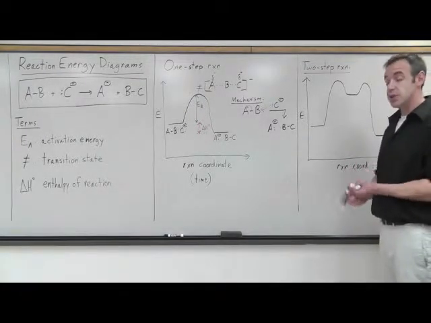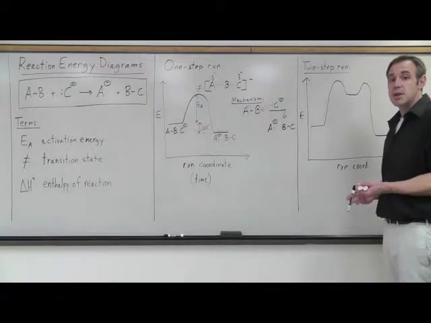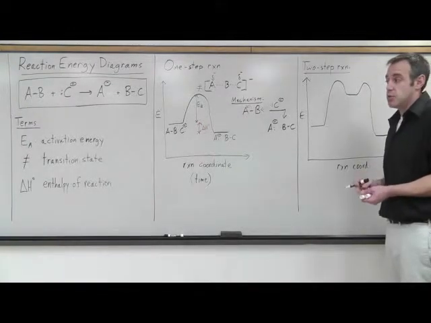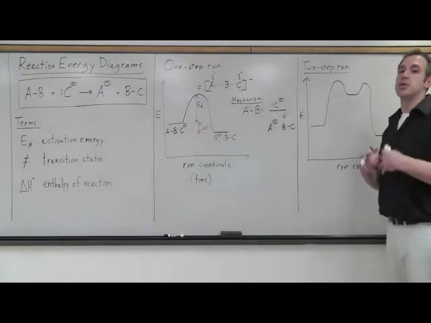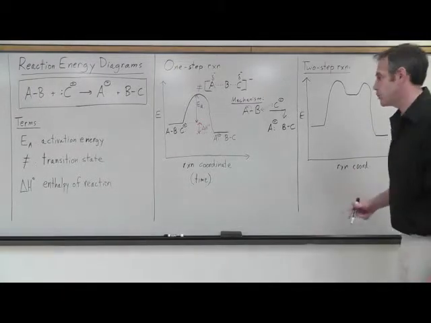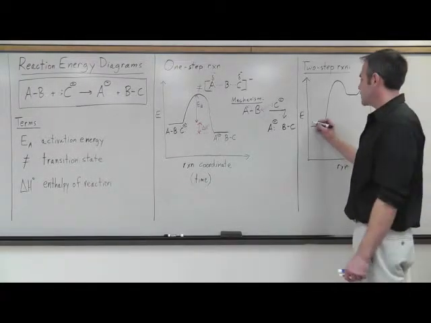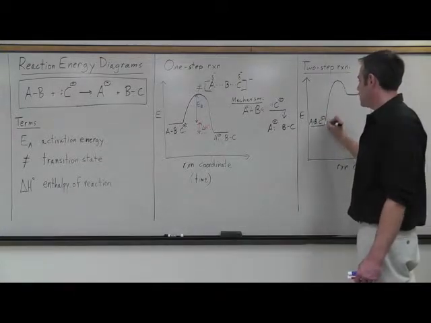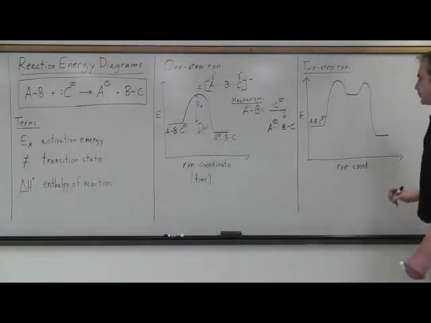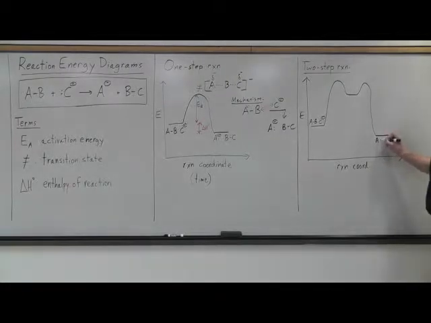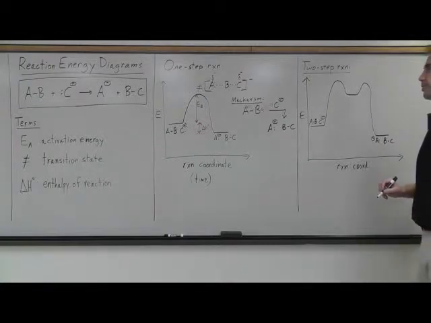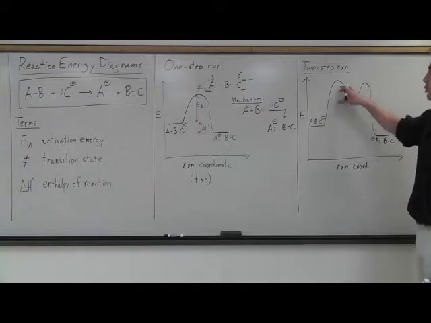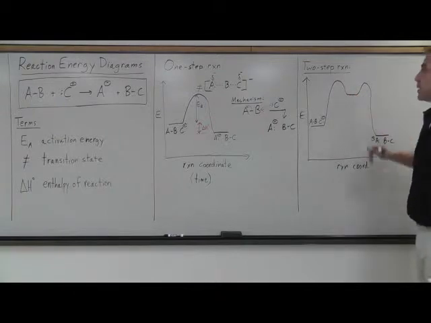And so we're going to see 2 transition states and 2 activation energies and 2 reaction enthalpies, as well as an overall reaction enthalpy. And so if these are our starting materials again here, AB, and then anion C, and our products filled in a similar fashion, we can think about what the transition states and the intermediates might be.